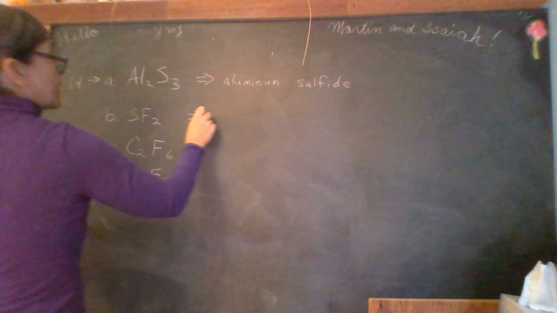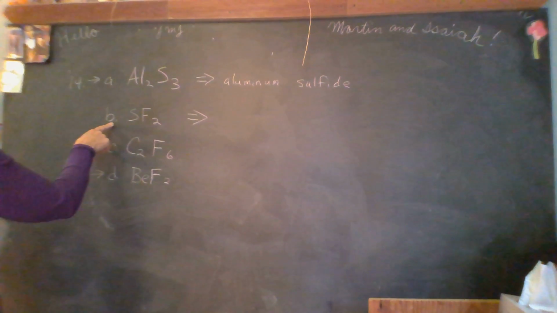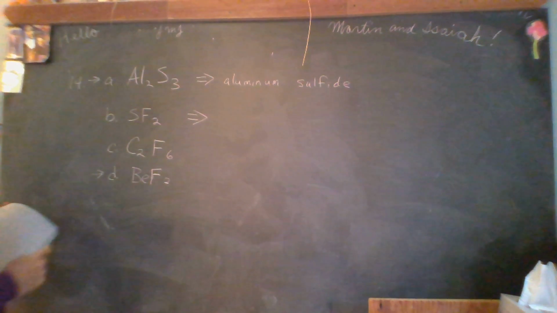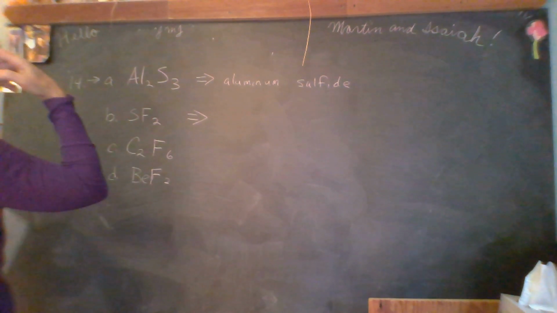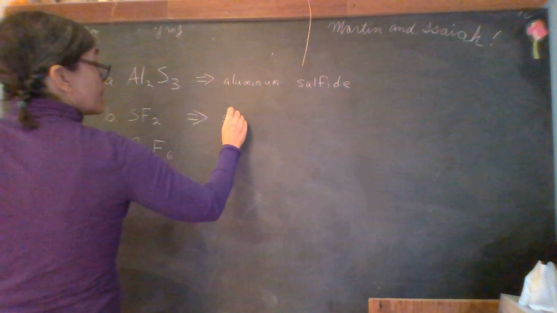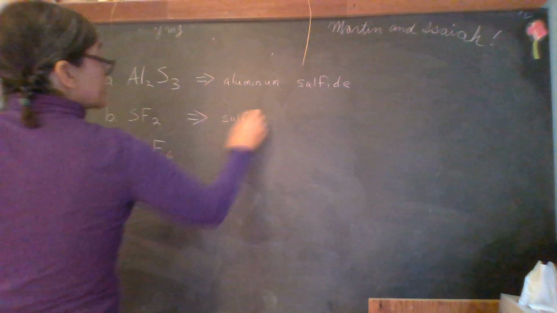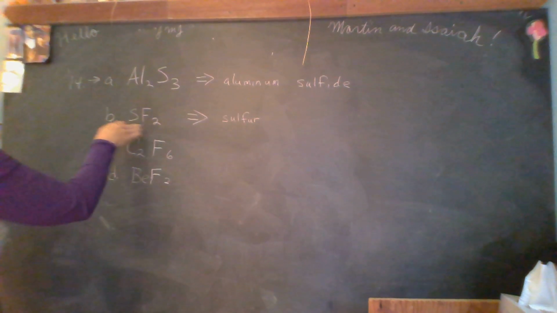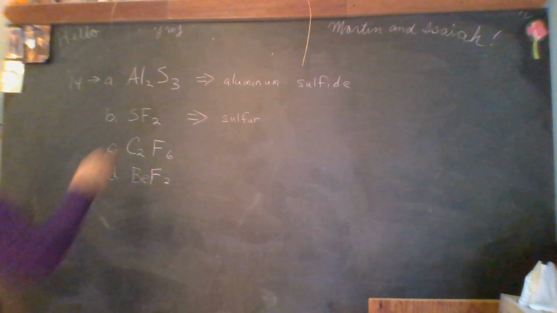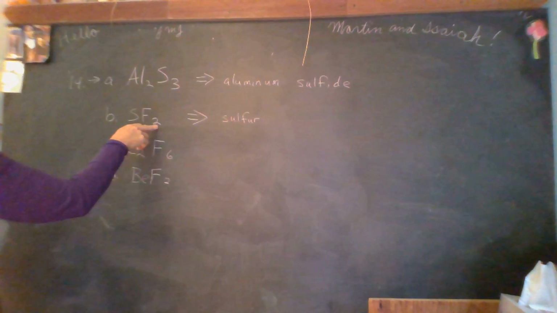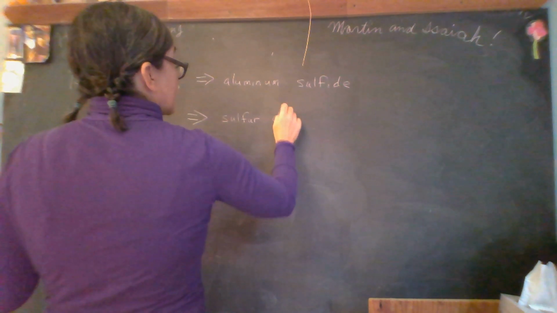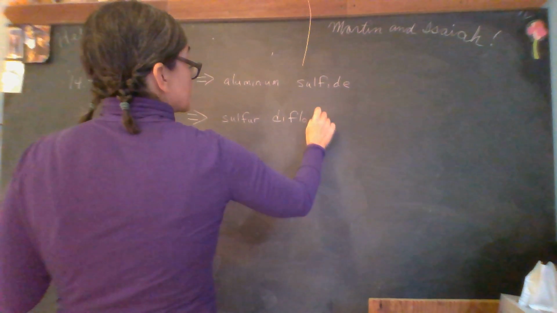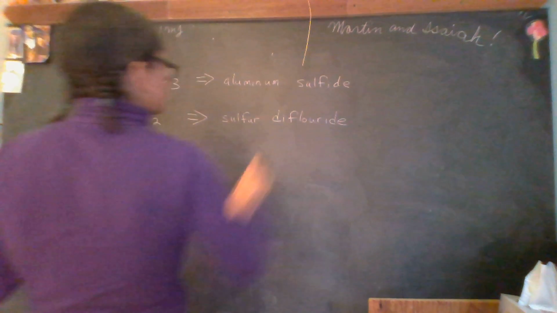Aluminum sulfide. Okay, this one is covalent, so I do need to use the prefixes. Here, this is just a mono, so I'm just going to say sulfur. I only use mono when it's not the first element being named. And here, this is fluorine, and it has two, so I'm going to say di. I'm going to change the ending to ide, difluoride.